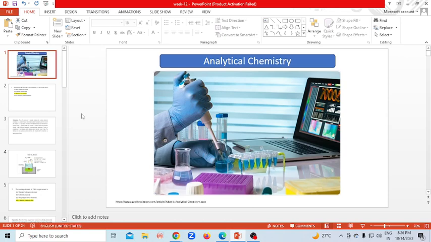As already explained by sir, we discussed electrochemistry, and electrochemistry is used for analysis. Suppose you want to measure very minute concentrations of copper ion, silver ion, gold ion, you can use electrochemistry there also.